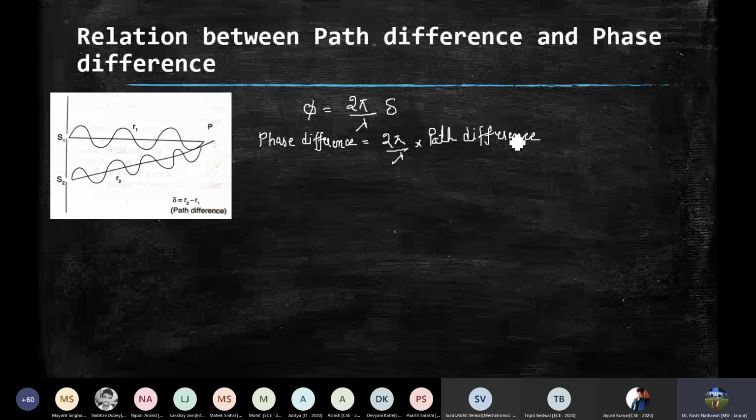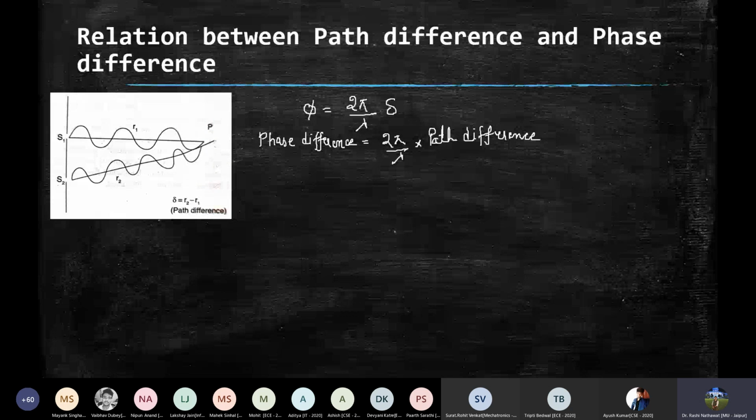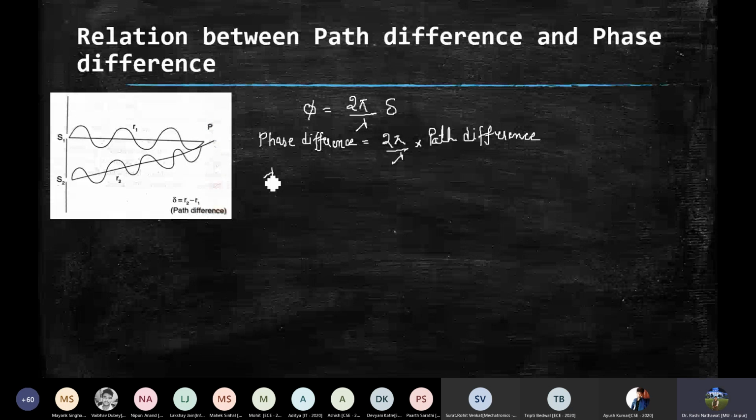Now we will make it clear how it comes. To make it clear, we will consider this figure over here. With the help of this figure, let's assume there are two sources S1 and S2, as shown in this figure. The wavelength of these sources is lambda, and the sources are in phase. They are in phase, not out of phase.